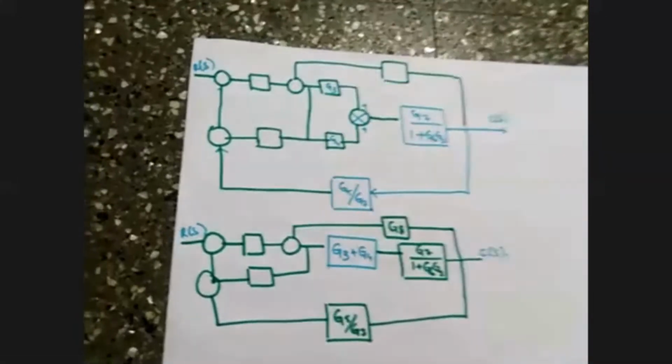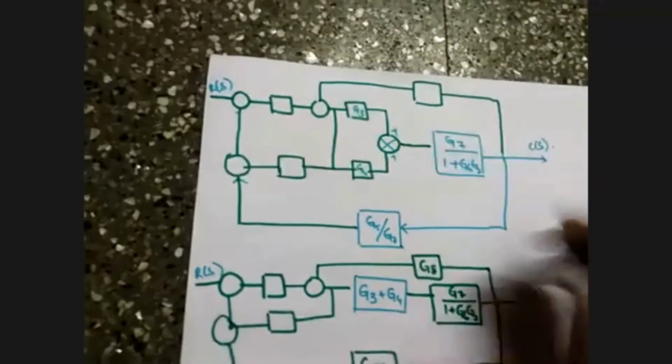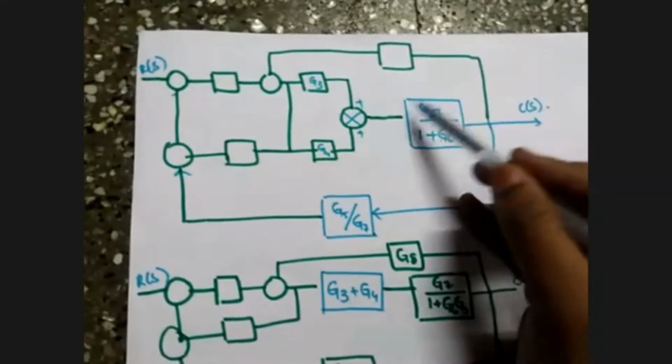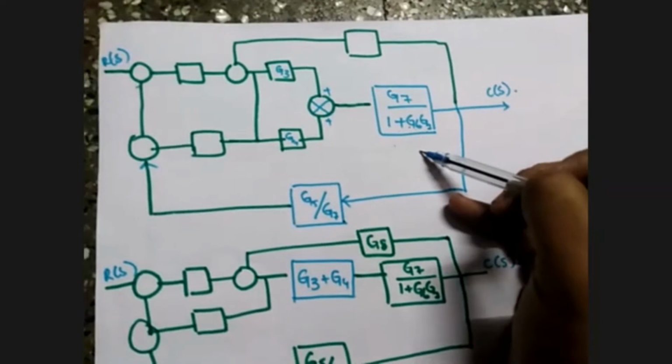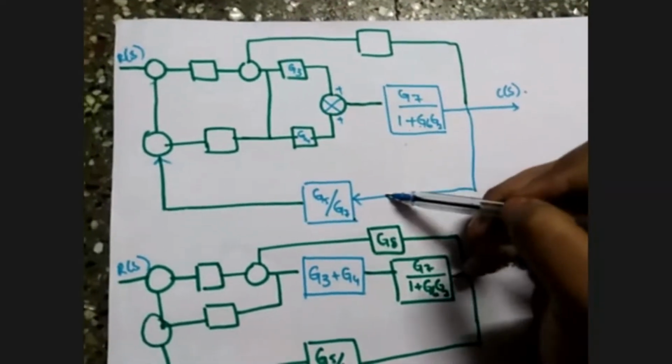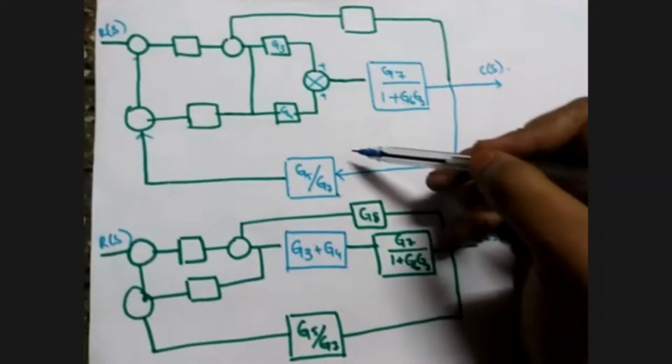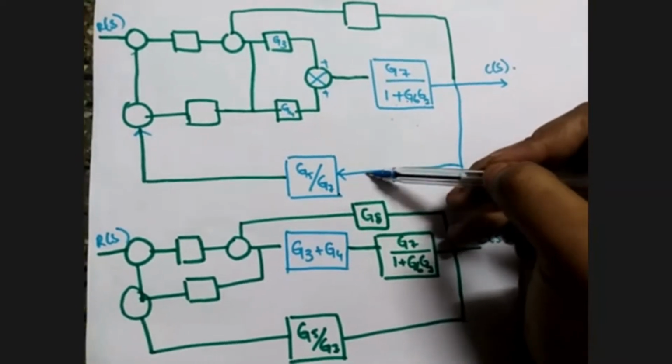Now, when you replace all of these, how does the circuit look? The circuit looks like this. This is the negative feedback which we have reduced into one single block, that is G7 by 1 plus G6 G7. And this is the series block which we have reduced into G5 by G7.